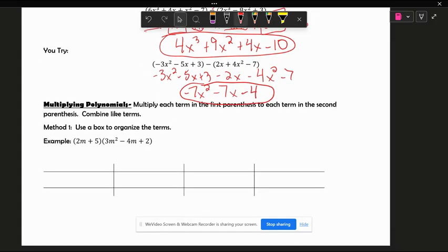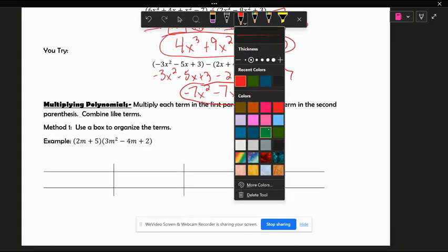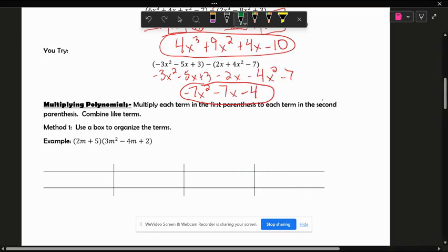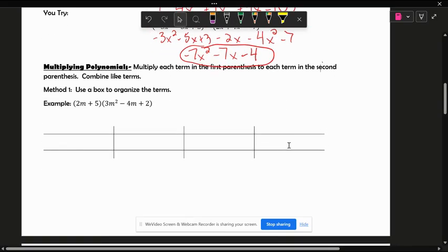Now multiplying, a little bit more work, but something that we can handle. So we multiply each term in the first parentheses to each term in the second parentheses, and we combine like terms. So we use a box to organize the terms here. This is just one method of doing this problem. We'll look at another method in a second.